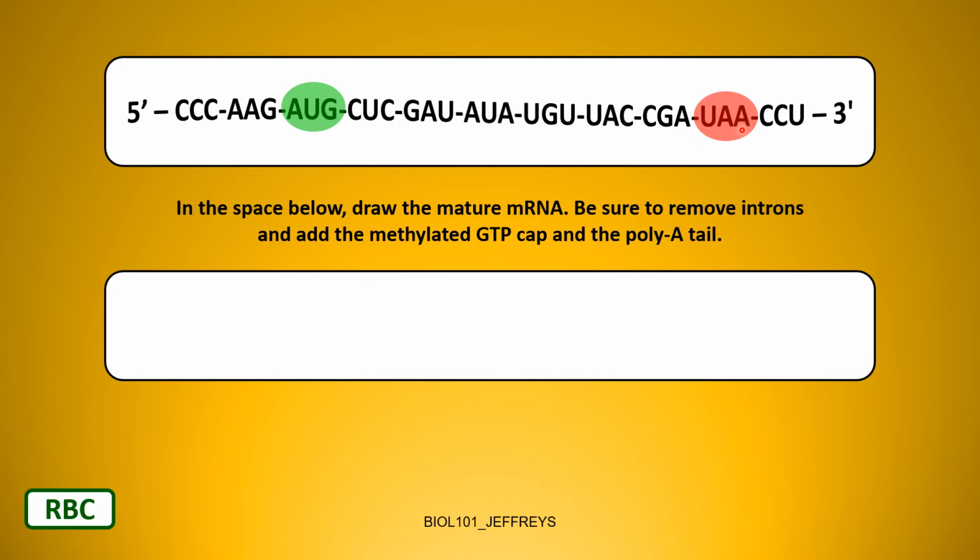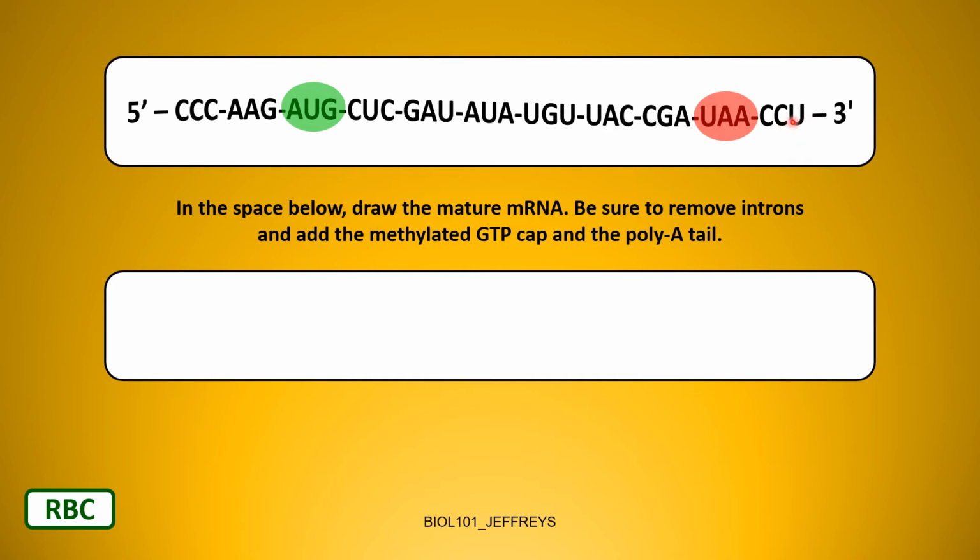Now, everything from the stop codon and after that, because the stop codon, remember, doesn't code for an amino acid. So when we process the message, we got to get rid of the stop too. So from the stop codon on, everything is nixed.